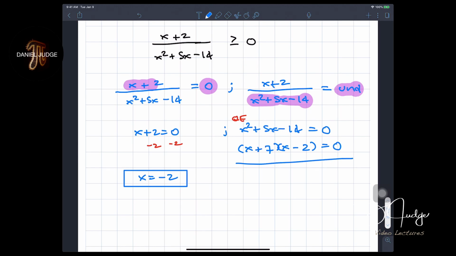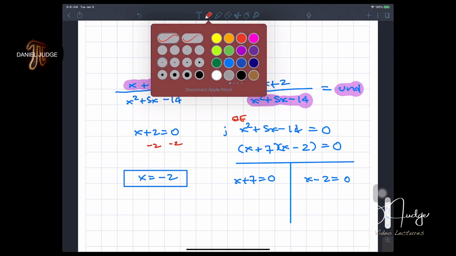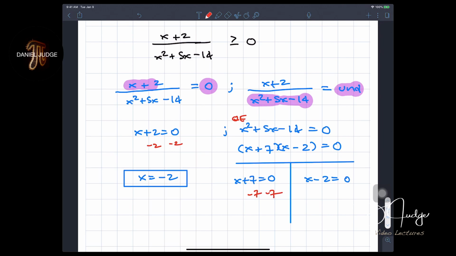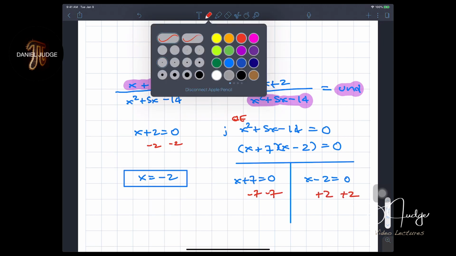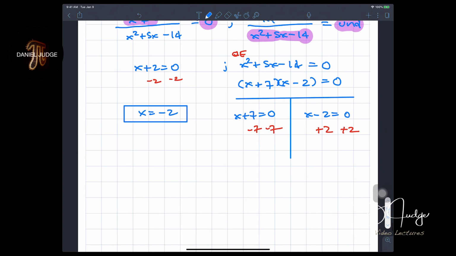And then here we use that zero product rule. So this means x plus 7 is 0 and x minus 2 is 0. So we can solve these for x. So we get x is negative 7. And here we get x is 2.